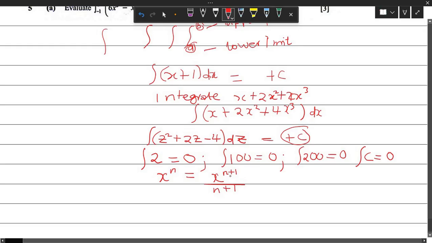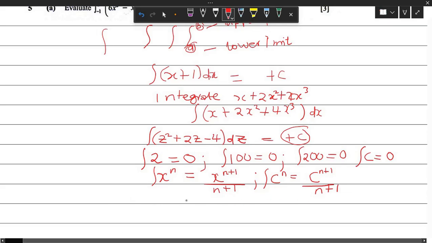So whatever power here, you add 1, then the answer which you find, bring it to the denominator. So this is a general rule. So x, it can be c, for example, c to the power n. If you integrate c to the power n, it will be c to the power n plus 1 over n plus 1. So this is a general rule.